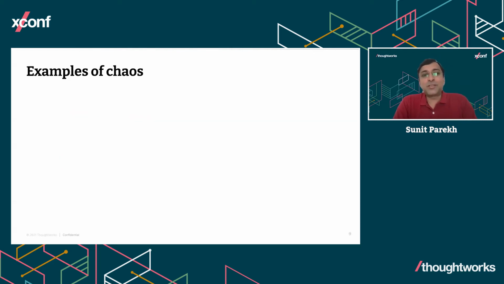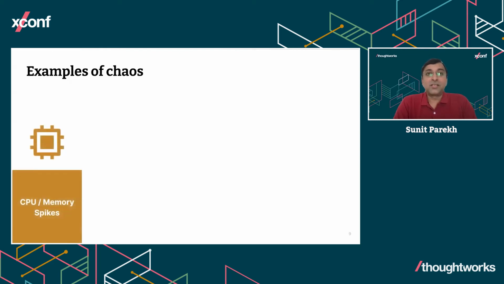Some examples of chaos are: first, your CPU and memory spikes. They go beyond the expected limit, and then we want to see what happens to our overall system.